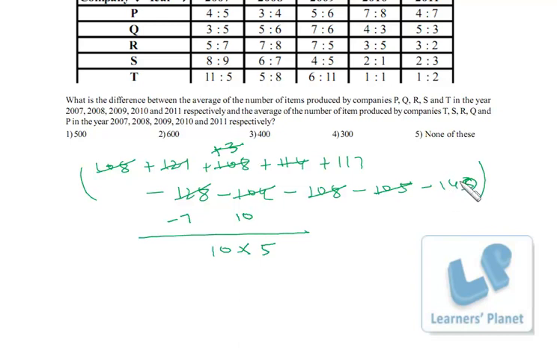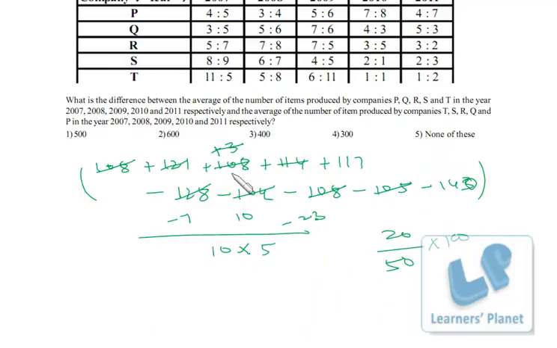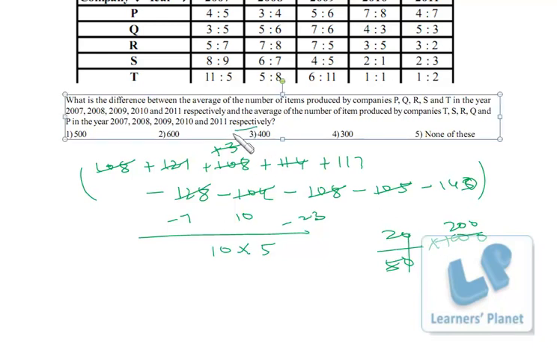So that is 140 and 117, so that is 23 negative. So 23 and 7, minus 30, minus 30 and 10, minus 20, or 20 by 50 into 100. Since all these items are in thousands, we have to multiply it by 1000. So that's 400 is your answer.